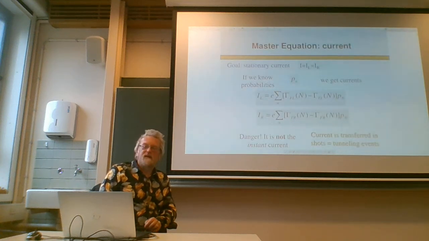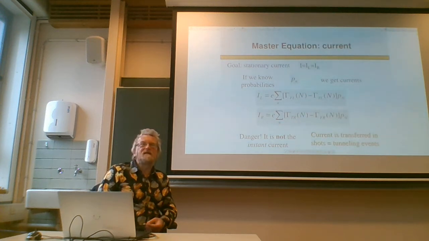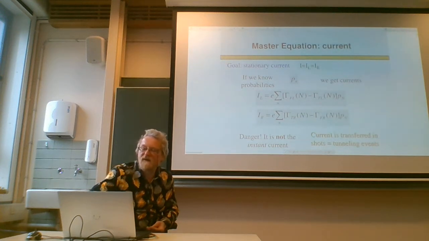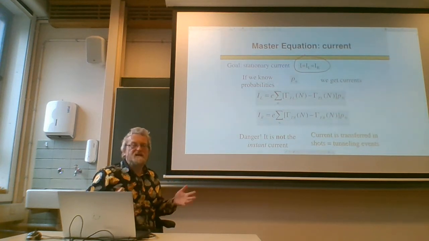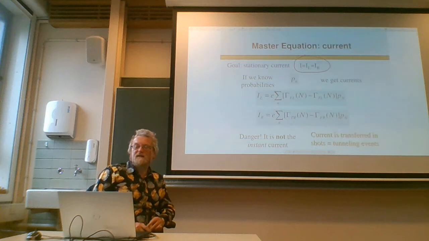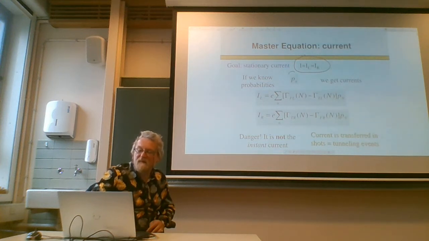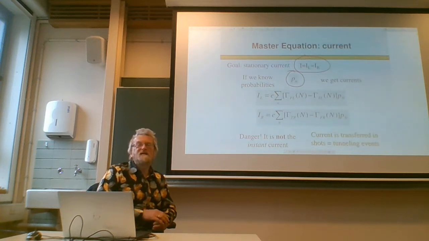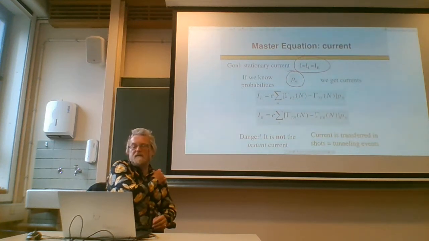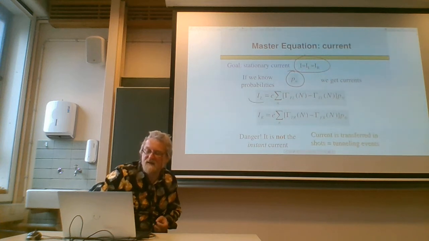How to compute current? Because our goal is quantum transport, we want to compute the current. Current in the stationary case must be the same for the left junction and the right junction. Well, if we know the probabilities, we can get the currents very quickly. Again, doing some bookkeeping of the rates. Let us look at the left junction.